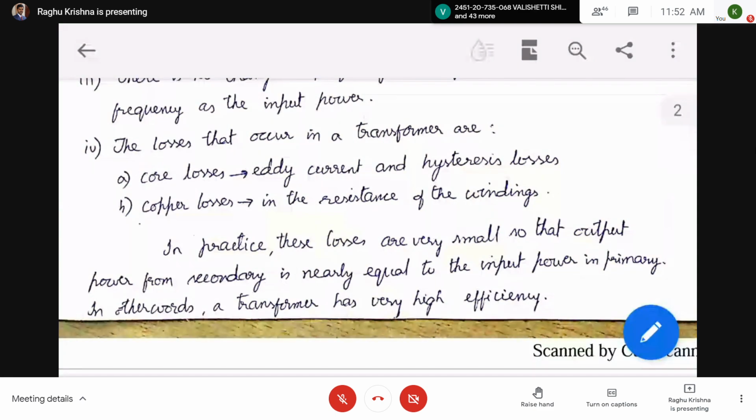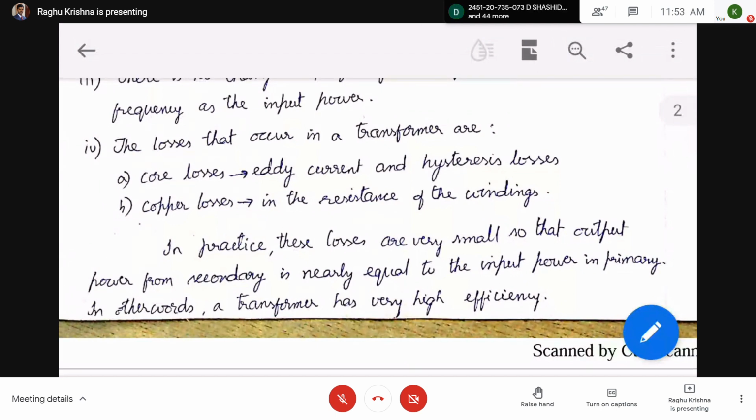Core losses we are going to reduce by laminating the core, and we are going to reduce the copper losses by reducing the resistance of the winding. Winding resistance will be very small, so no need to worry about it.